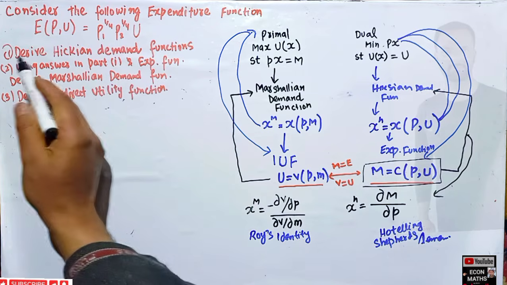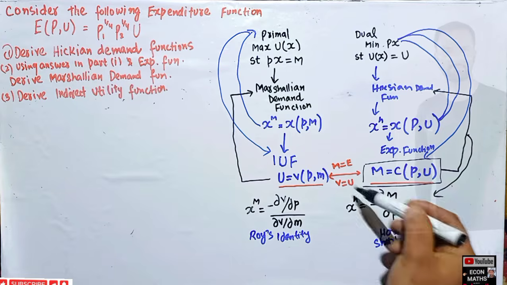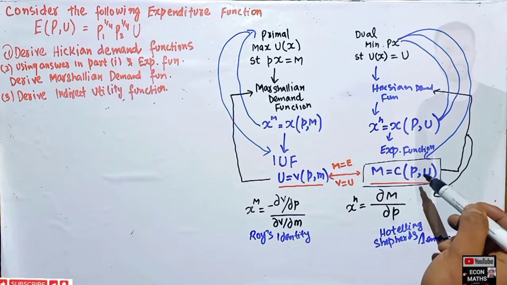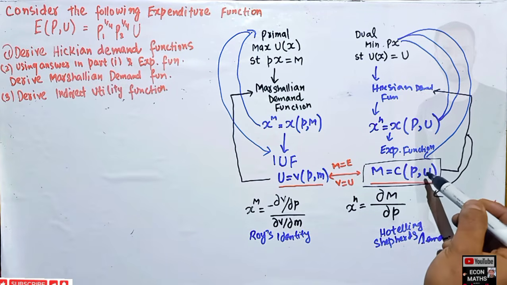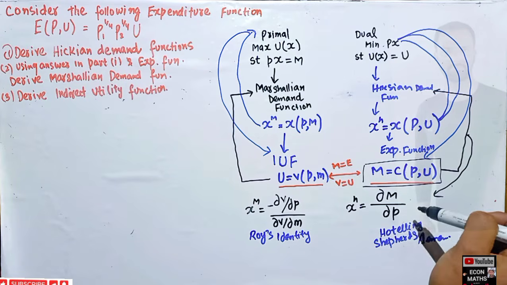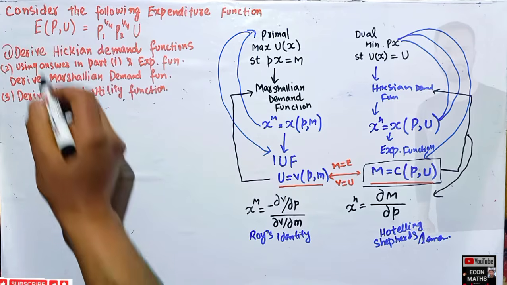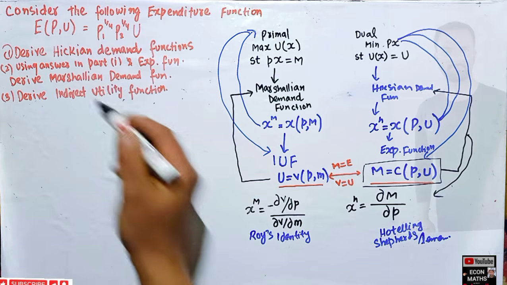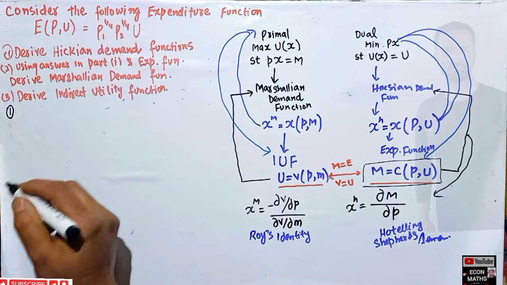First we need to derive the Hicksian demand function. For that, we need to differentiate this expenditure function with respect to price. That is our question. So how can we derive the Hicksian demand function?